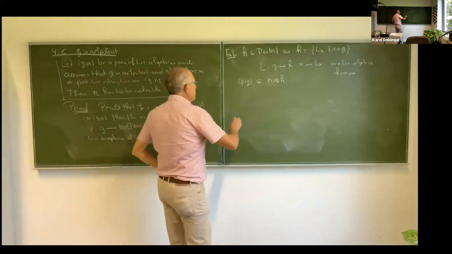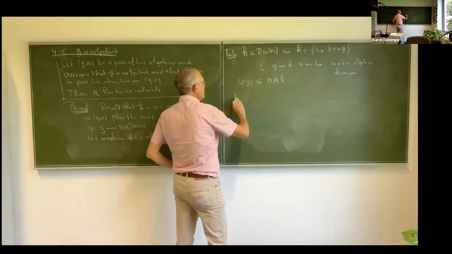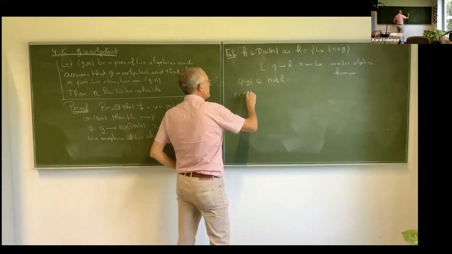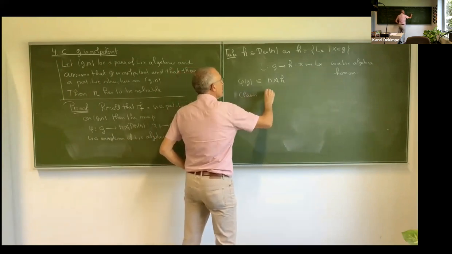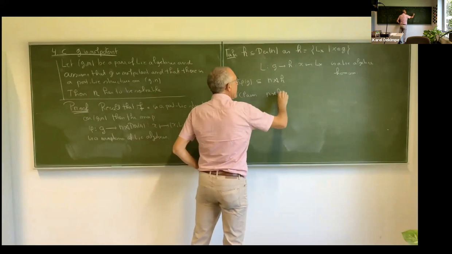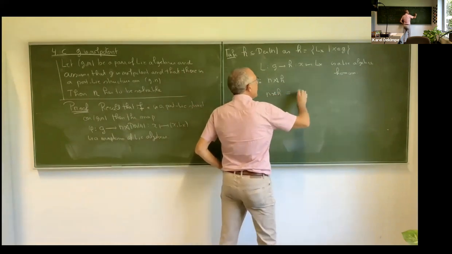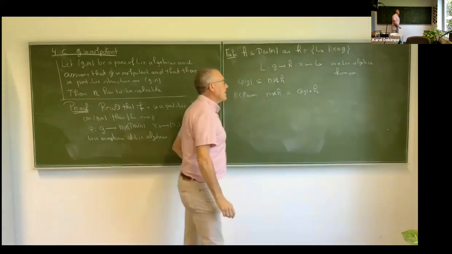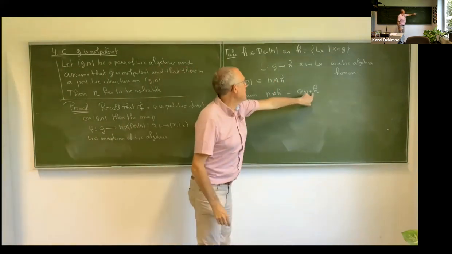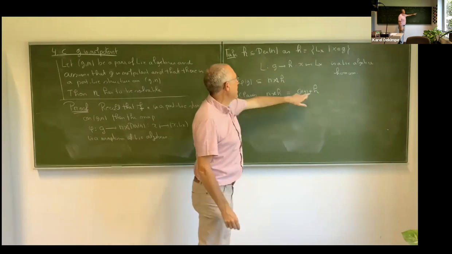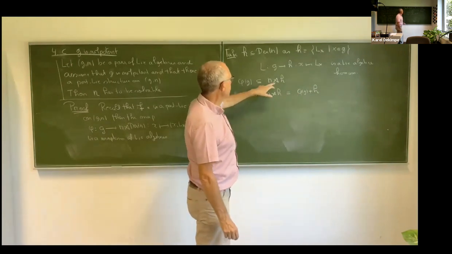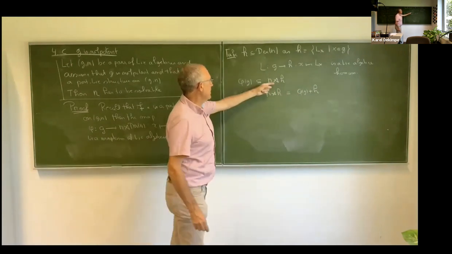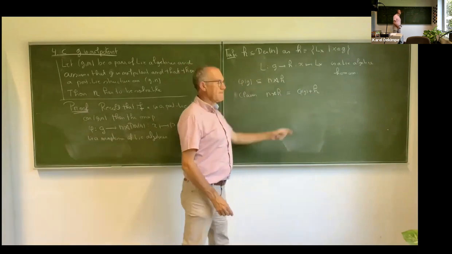Now I claim that n semi-direct H is the same as phi of G plus this H. So I see H as a subspace of the semi-direct product, and I claim that this Lie algebra is the same as this one.